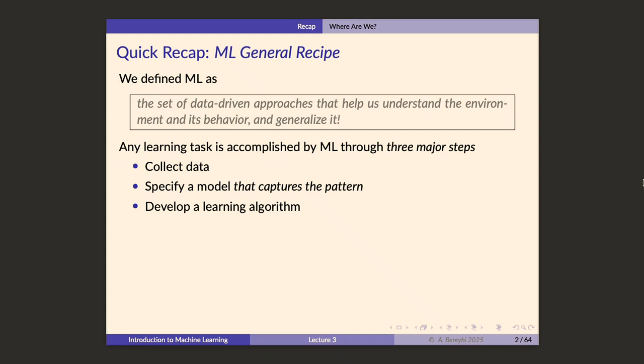Three main components: the data, then the model, which is capturing the pattern, and the final thing was to develop a learning algorithm, which starts from the data we collected and tries to specify a good model. So it tries to tune that model based on the data so that in future it generalizes.